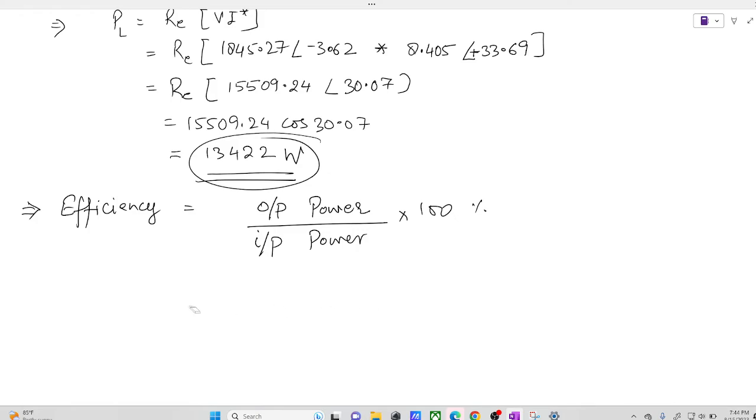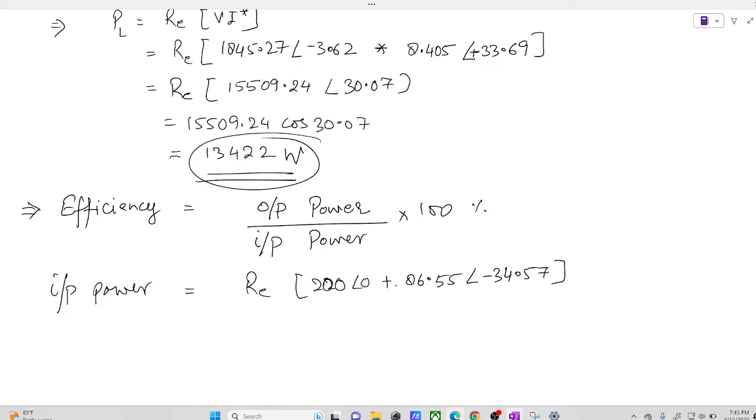We need to first calculate the input power. The input power will be V I conjugate.